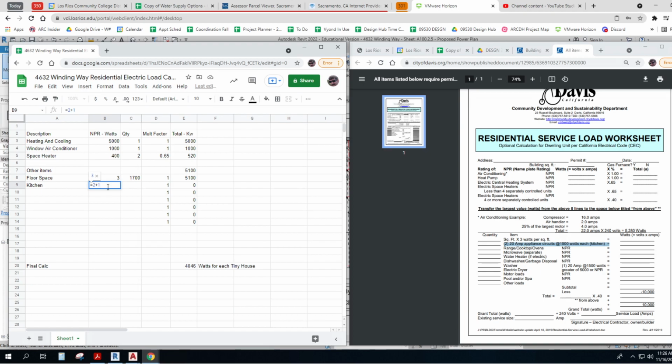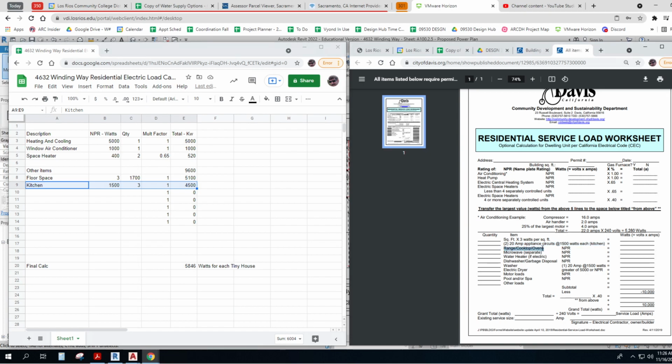So I'm going to say 1. It's 1,500 watts. And I have 2 for the main residence and 1. And that's just, they know that kitchens really take power, and people are always plugging big stuff into it.